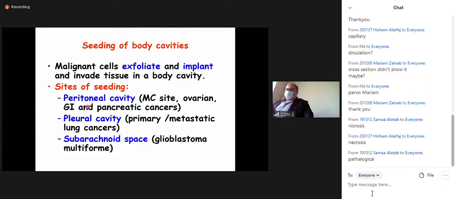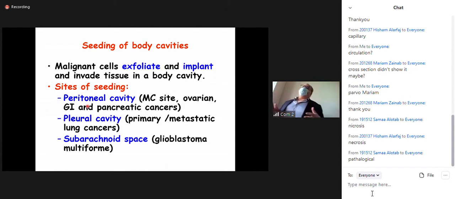All right, so another way for the spread is through seeding of body cavities. For that to happen, you need a space, and you need a small amount of fluid in that space. Where do you have that in the body? You have that in the pleural cavity, right? Space between the two pleuras. You have that also in the peritoneal cavity, and you have that with the subarachnoid space.